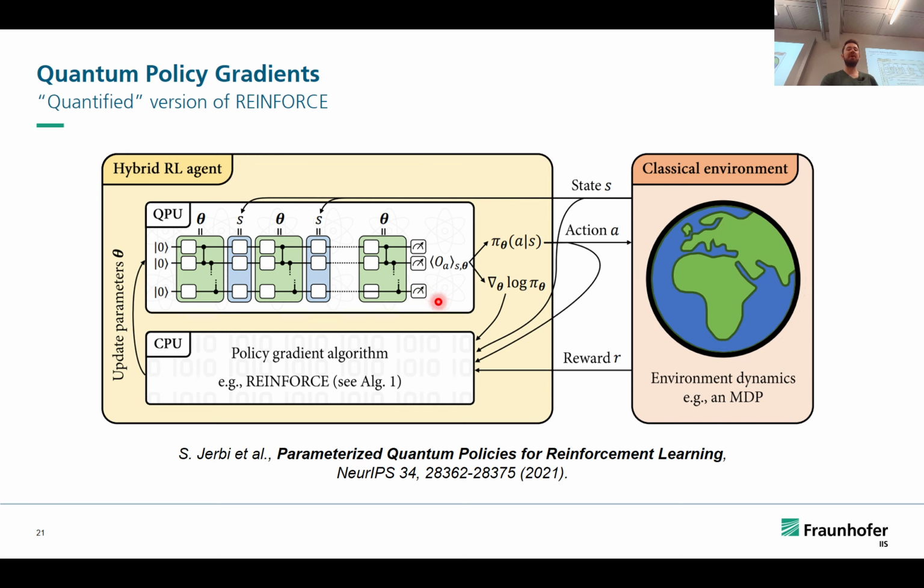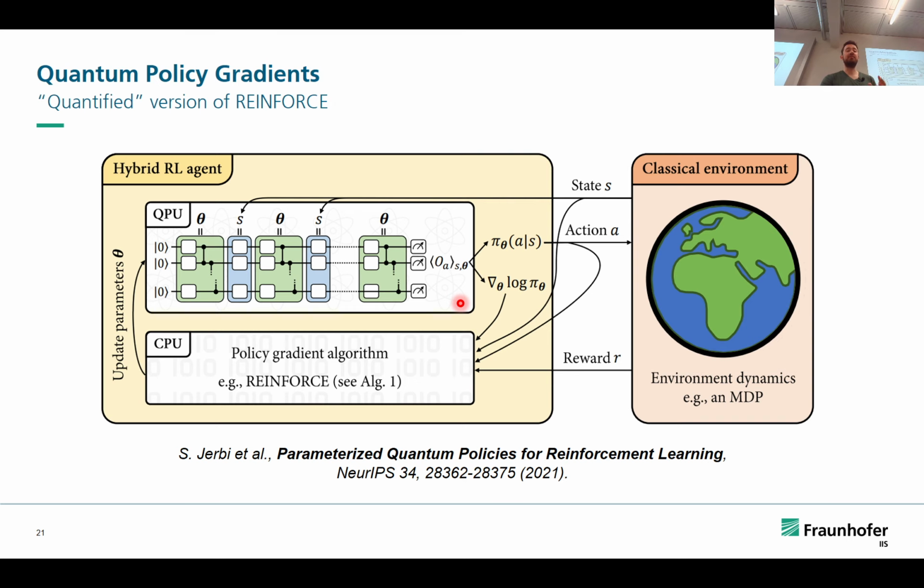And so the part where the quantum comes in is the approximation of our policy. So we can encode our environment state into the policy, have some free parameters there, prepare some quantum state, measure the state, and based on that we can represent our policy. And with a slightly adjusted circuit, we are also able to compute gradients of our parameters.